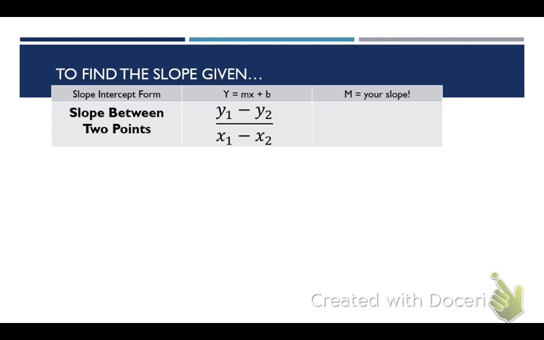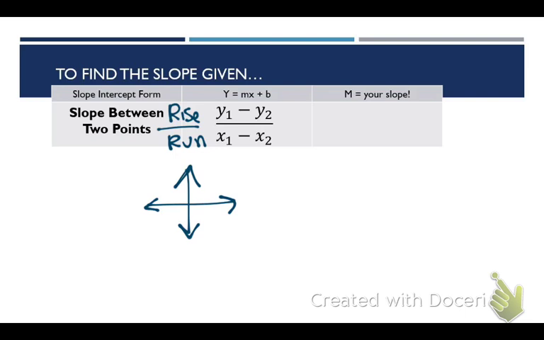We're going to do this, and then one more problem, and then flip to the front. So, slope between 2 points. Remember, slope is rise over run. Here's what extremely matters.